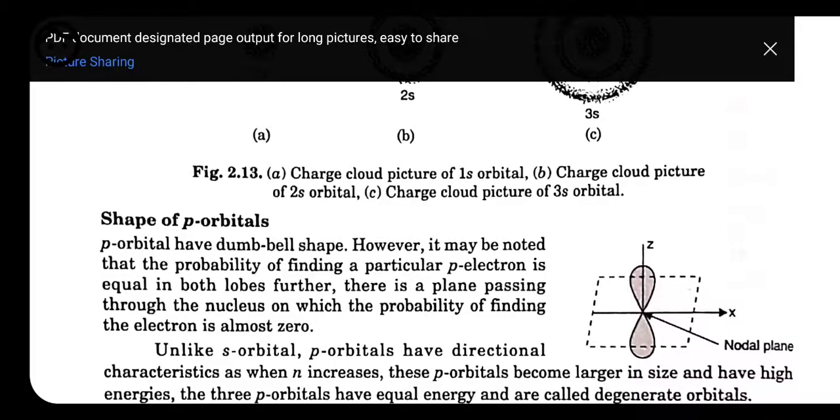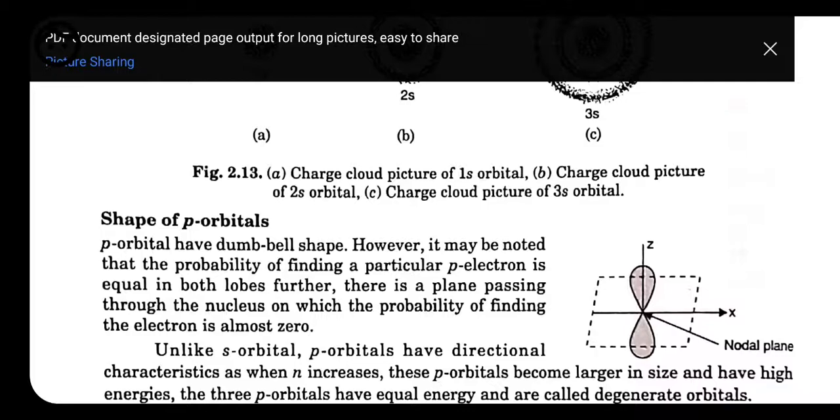The shape of the p orbital is said to be dumbbell shape. How do we know it is dumbbell shaped? The value of l for the p orbital is equal to 1. We have already discussed how to calculate the value of l in quantum numbers.